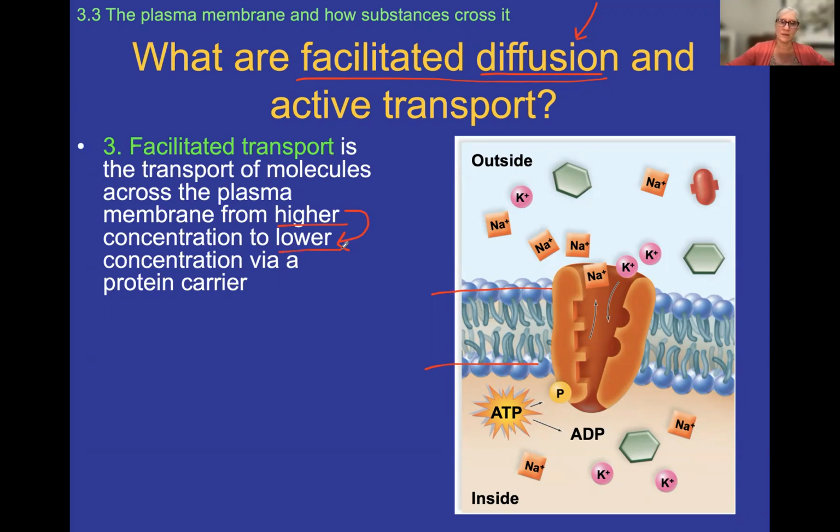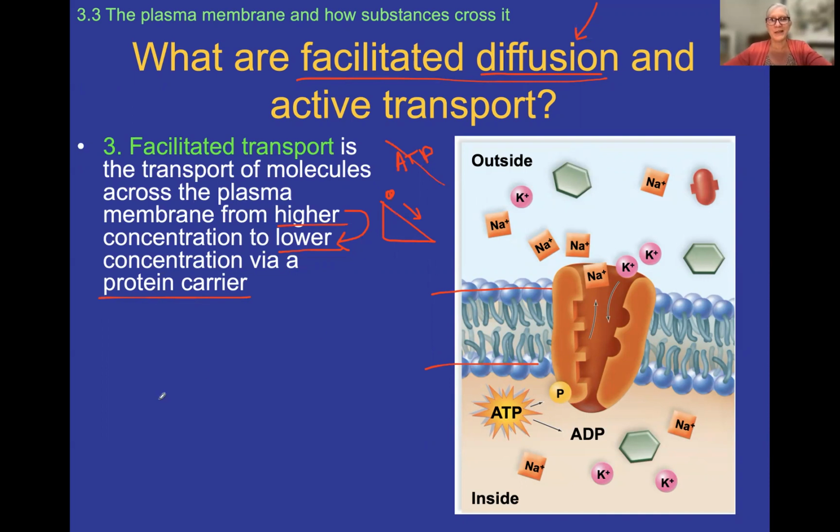It's diffusing. It's going down the gradient. I like to say it's kind of going downhill. So any diffusion is always going to be down the gradient from high concentration to low concentration and will not require ATP. All right, so facilitated diffusion does not require ATP. It does require a protein carrier because of whatever the molecule is.